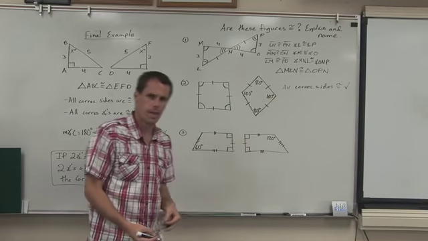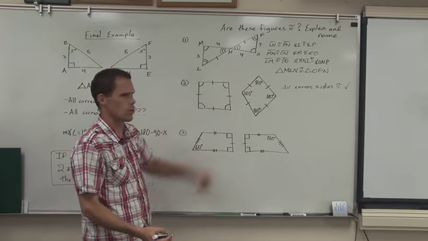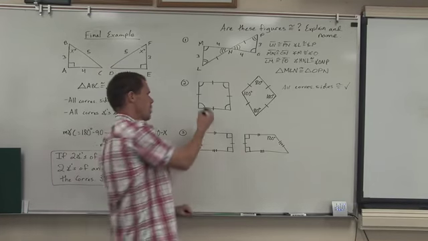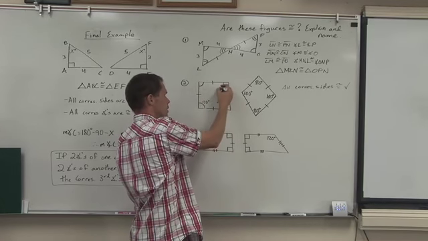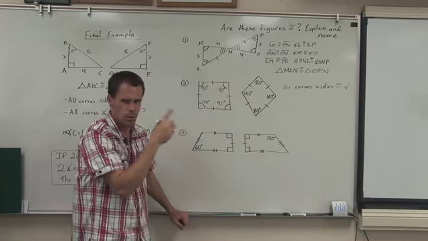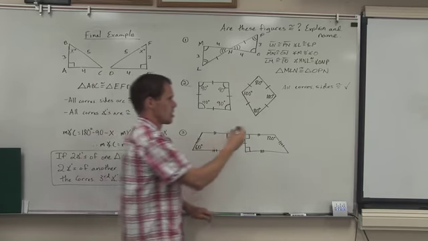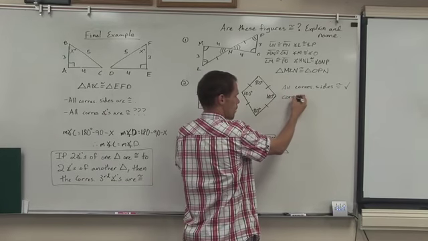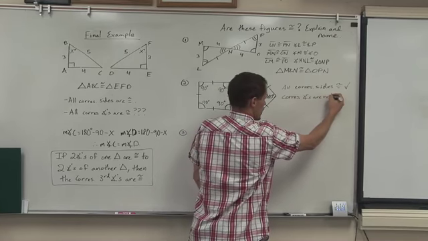What about corresponding angles? Well, all 4 of these angles are congruent. That means they all have to be 90. And the other shape has angles that are 100 degrees and 80 degrees. The corresponding angles are not congruent.